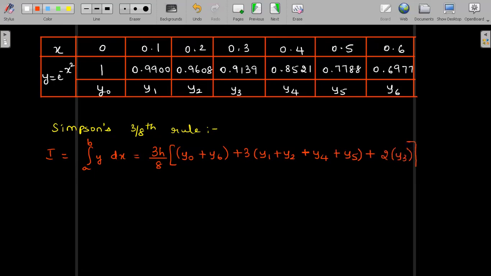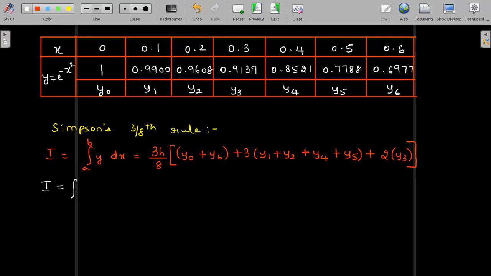There are multiples of 3 here, but y6 is already considered along with the last term. So it is first term plus last term plus 2 times of multiples of 3 suffixes, 3 times of the remaining terms. So in the multiples of 3 here, only y3 will be into consideration because y6 is already used here in the beginning. So let us substitute all the known values.